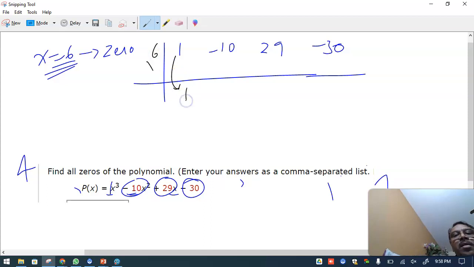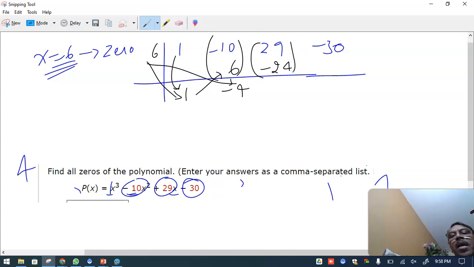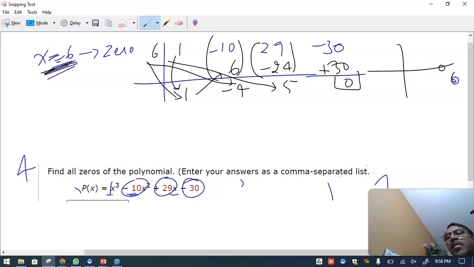Drop down the 1, 6 times 1 is 6. Combine, you get minus 4. That will be minus 24. And then if you subtract these two, you get 5. And 6 times 5 is 30. You get a 0. So that's a sign that really x equals 6.